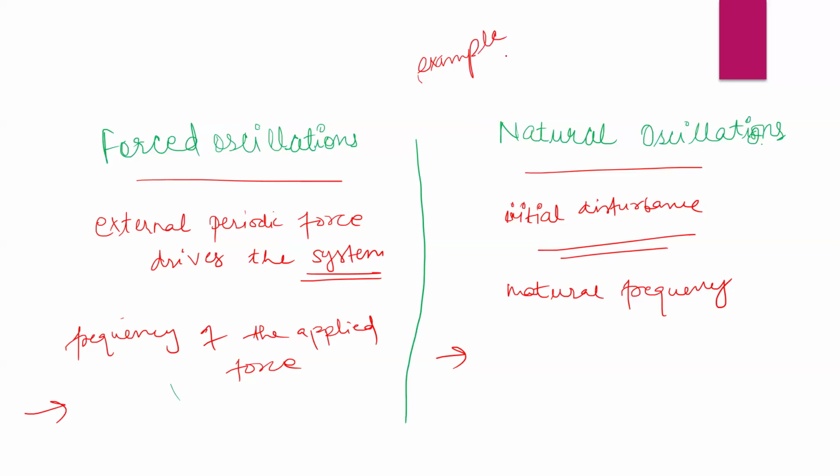For example, we have a pendulum of length L, and its frequency is f naught equals 1 over 2 pi times the square root of g divided by L. For example, we take a 1 meter long pendulum, with g taken as 10.